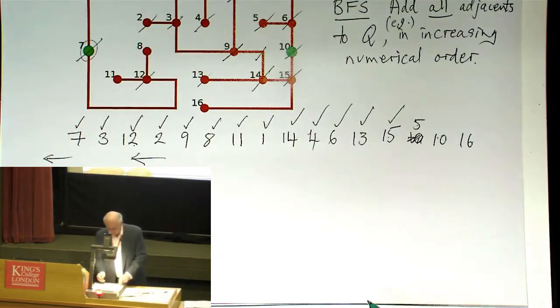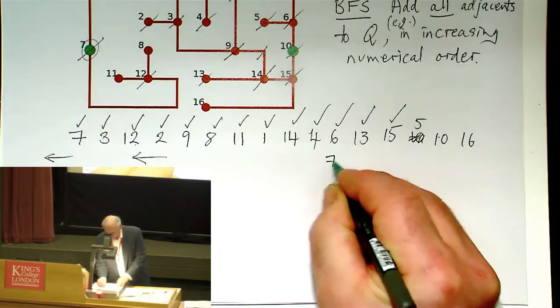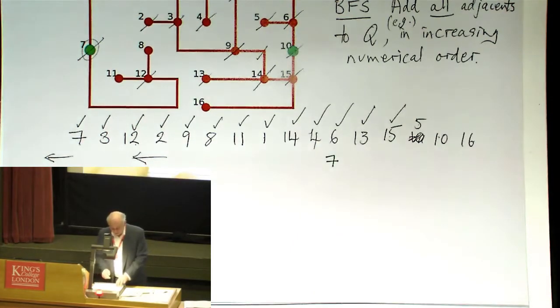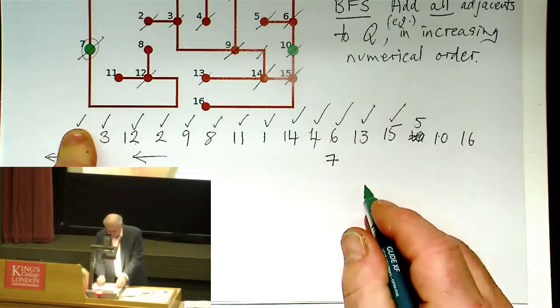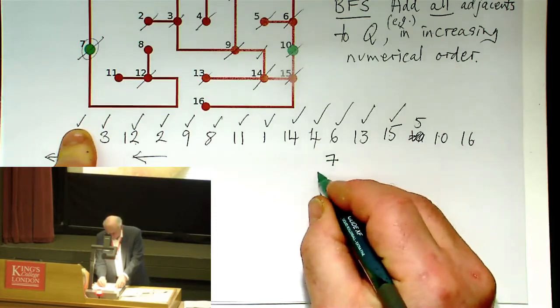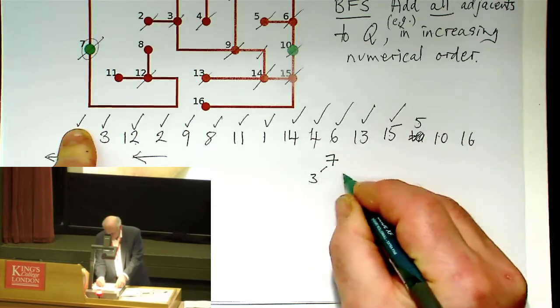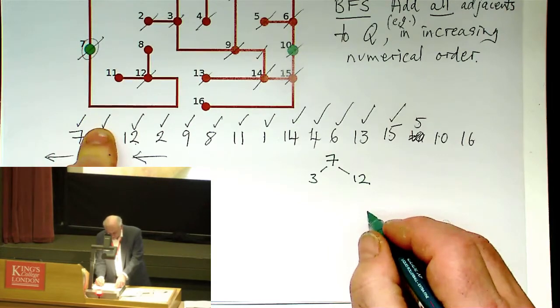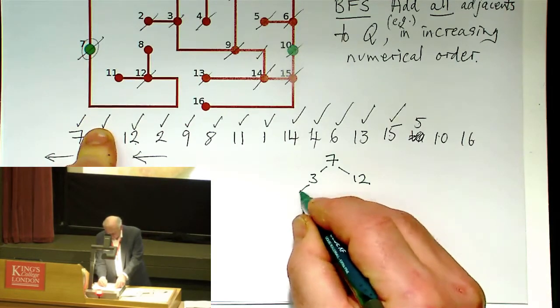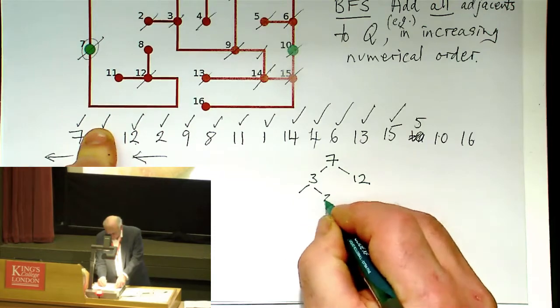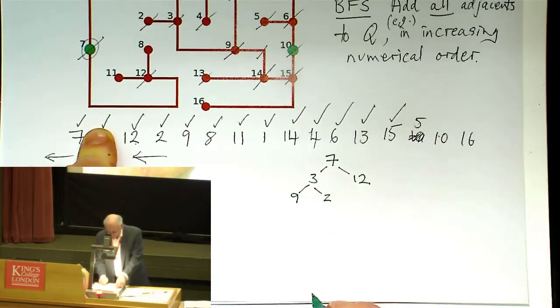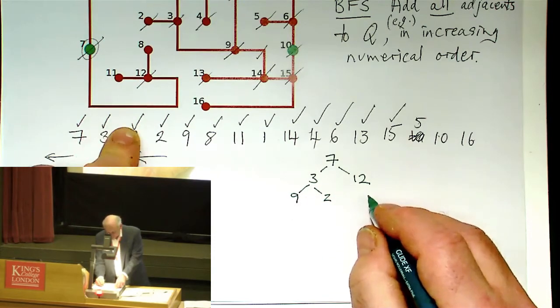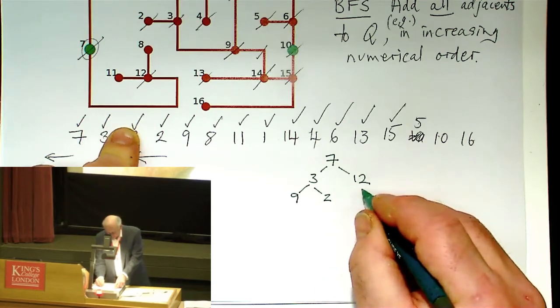So we start with 7. And then 7, of course, was adjacent to 3 and 12. And then 3 was adjacent to 2 and 9. Let's put the 2 there and the 9 there. And the 12 was adjacent to the 8 and 11.